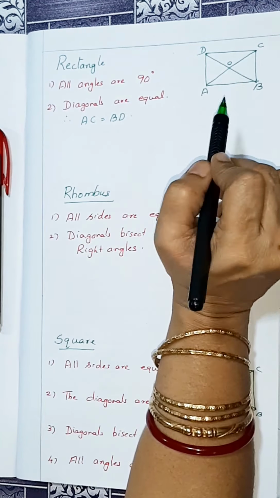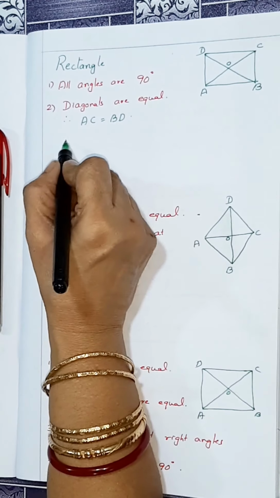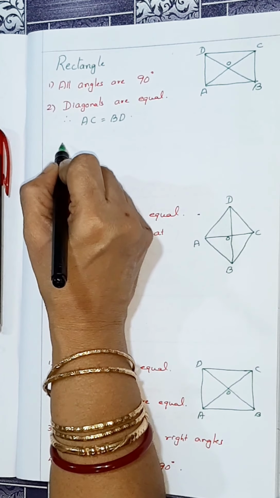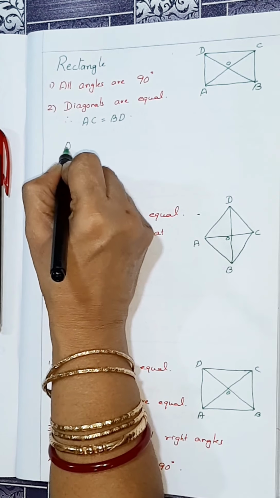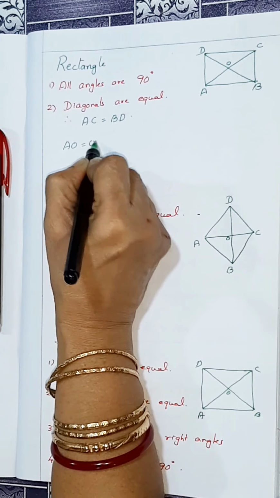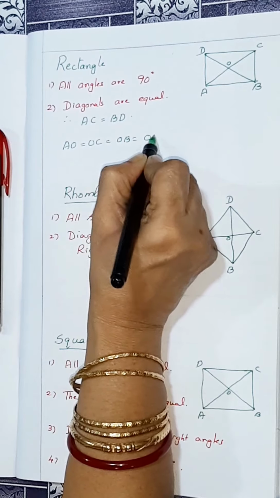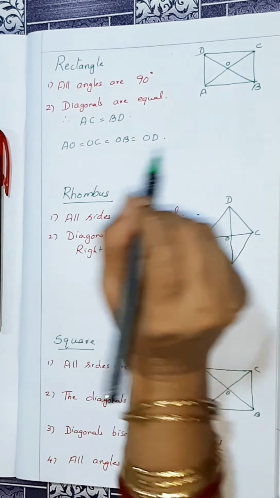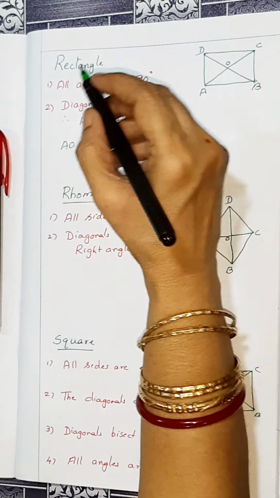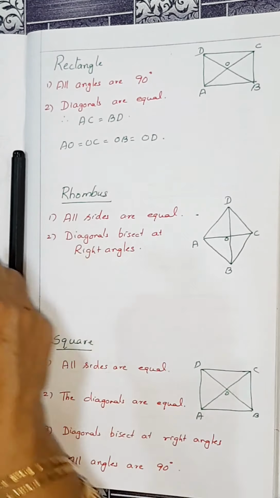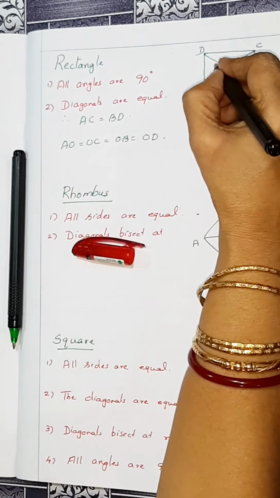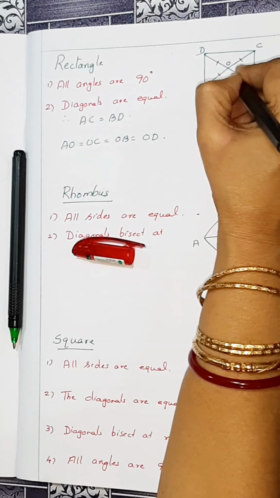But since the diagonals are equal, all the 4 segments are going to be equal. So we have AO is equal to OC equal to OB equal to OD. So here if you see, all these will be equal.